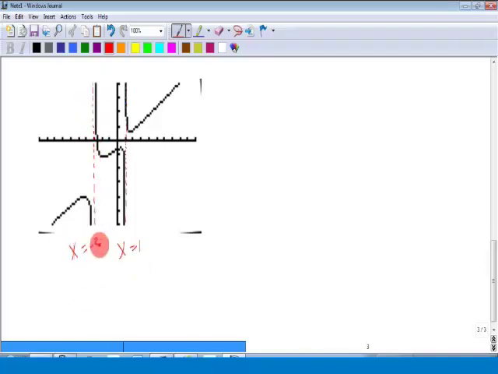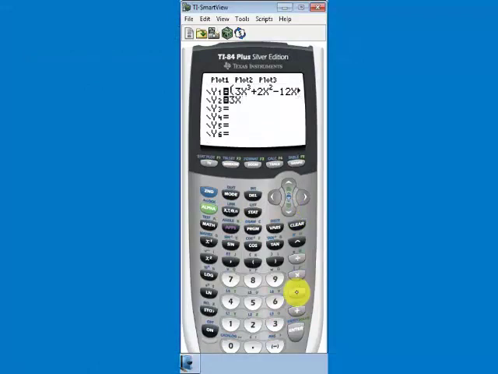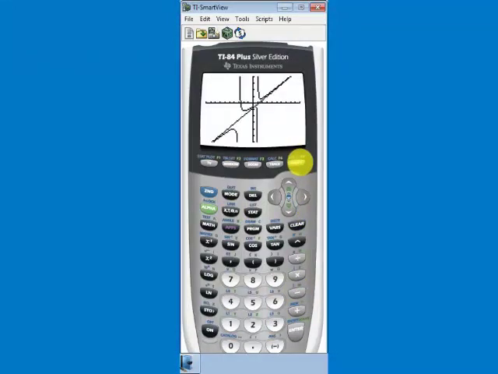And then there's the slanted line that appears to look something like this. And the equation of that line is y equals 3x minus 4. If we graph it, it looks like that.